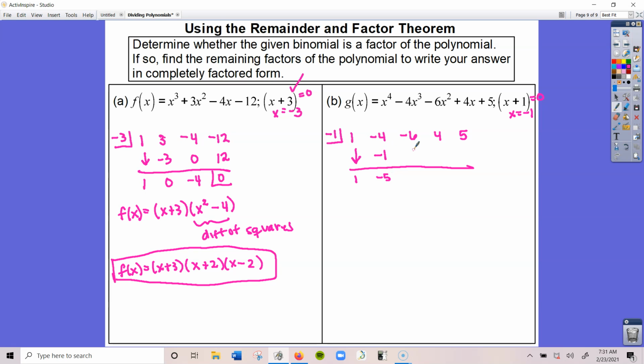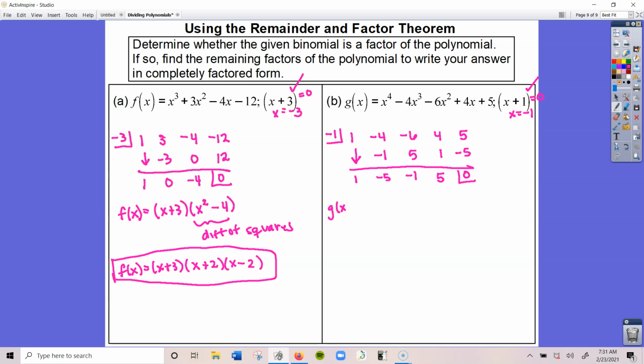Negative 5 times negative 1 is 5. Negative 6 plus 5 is negative 1. Negative 1 times negative 1 is 1. 4 plus 1 is 5. 5 times negative 1 is negative 5. And 5 minus 5 is 0. So that means that x plus 1 is indeed a factor of my polynomial.